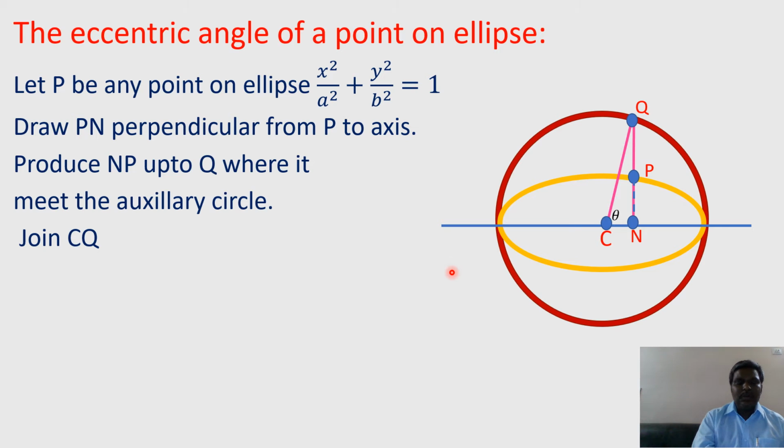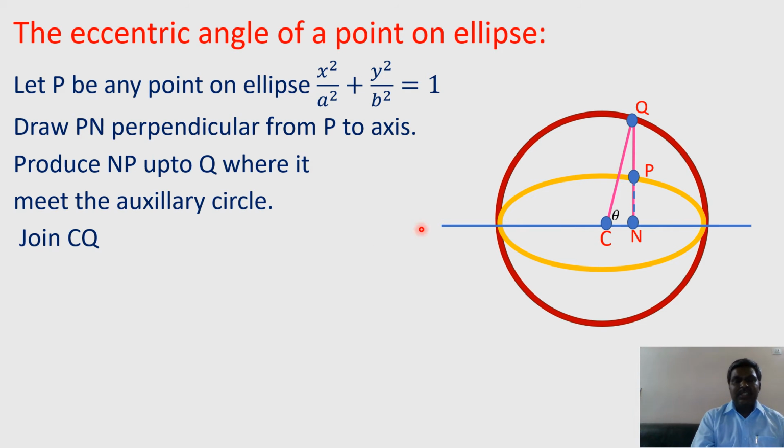So if you want to find the eccentric angle of any point P on the ellipse, draw the perpendicular from P to the axis and produce that perpendicular up to Q where it meets the auxiliary circle. Join that point to the center, take the angle QCN, and that theta is called the eccentric angle of point P with respect to the ellipse.